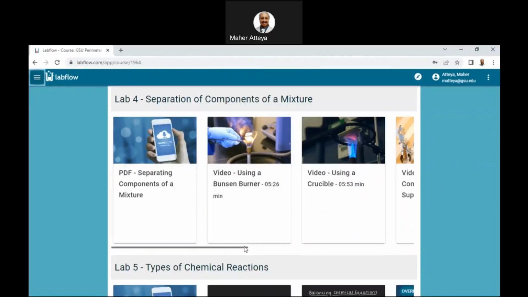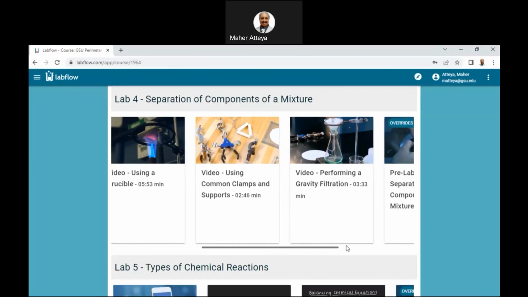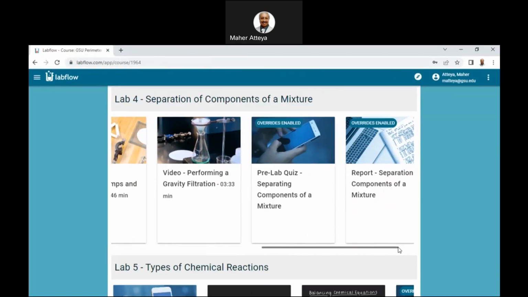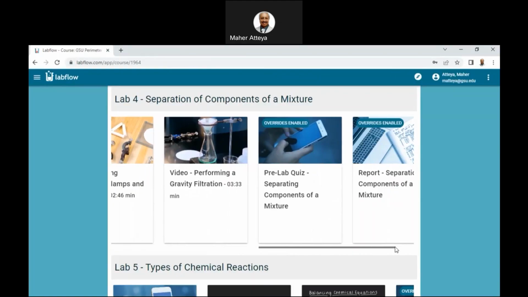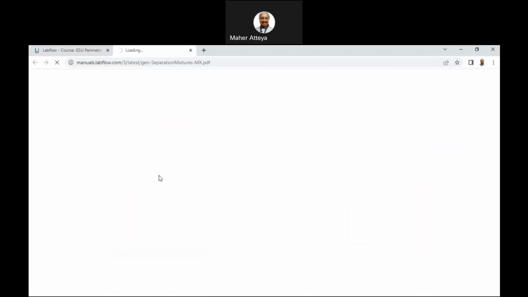Video, Bunsen burner, separating. Okay, let me see, video, the lab report, separation of components of a mixture. So we'll go for this. This is the actual background.